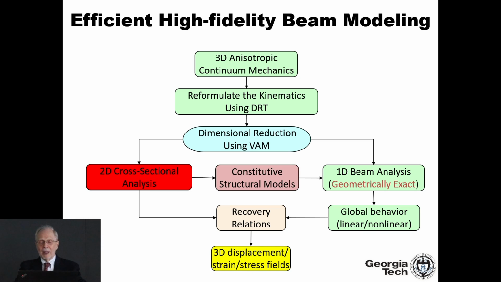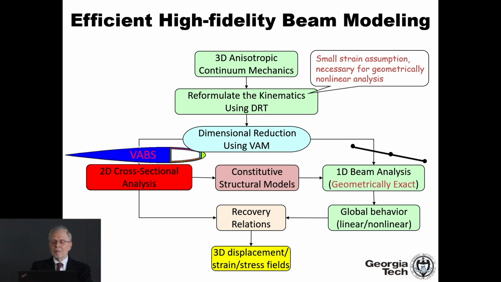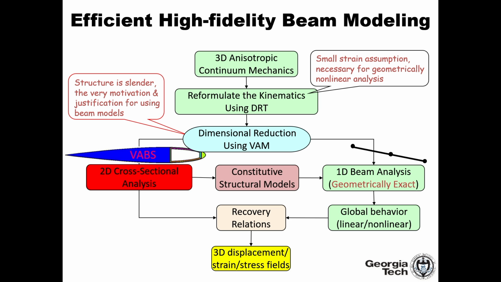But with this methodology that I'm talking about, we certainly can do all that we need to do to create a cross-sectional analysis and a one-dimensional analysis, for example, for the rotor blade. And we use a small strain assumption, which is necessary for nonlinear analysis. And the structure is very slender, which provides the motivation for using beam models.